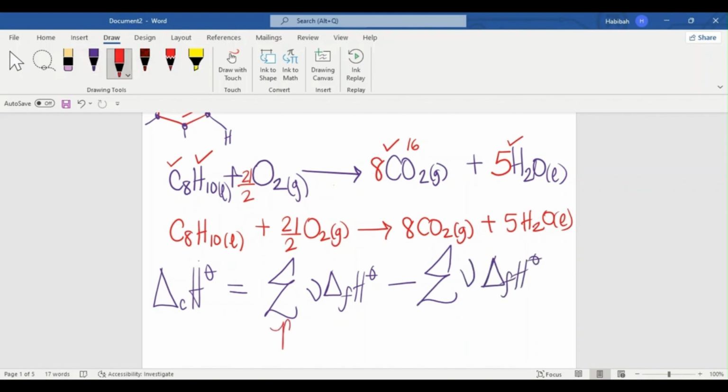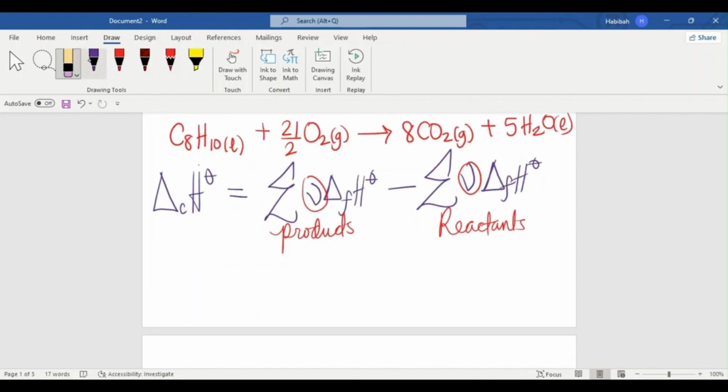Well, this one is for products, and this one is for the reactants. And this V here is just the stoichiometric value, meaning the stoichiometric coefficient. So this V is going to be whatever is in front of the molecule. If you have 2O2, this V is going to be the stoichiometric coefficient of oxygen gas, O2, which in this case is 2. I'm just showing you what's going on here.